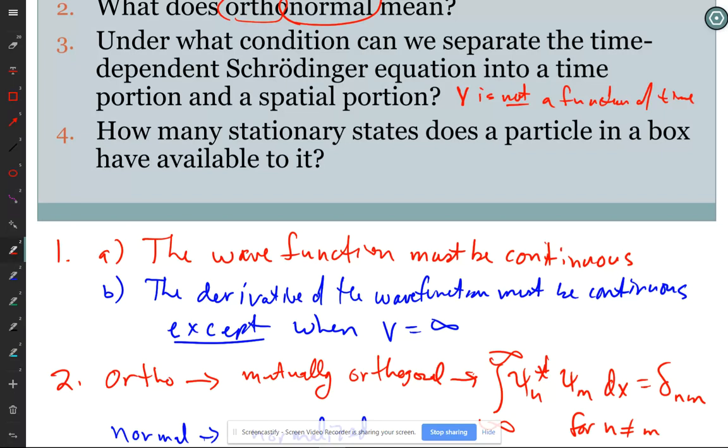But because of the weird math that we had to do, we had to divide by psi of x and phi of t, so we also said that psi cannot equal 0. That is, it can't be identically 0, the trivial solution.